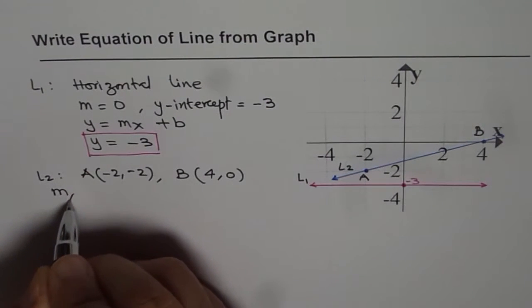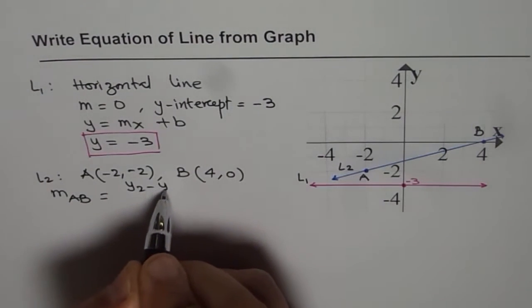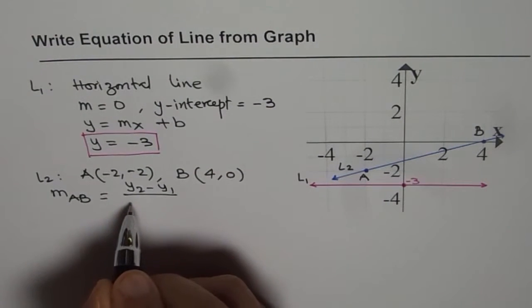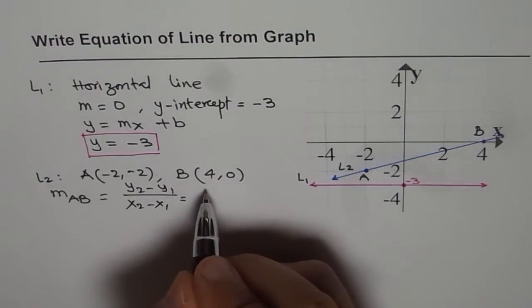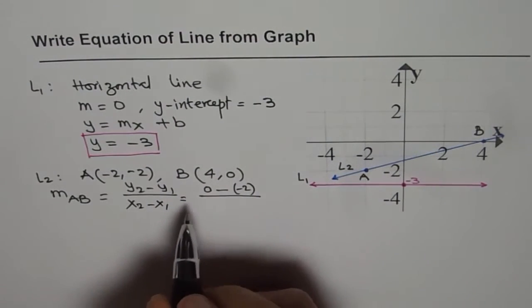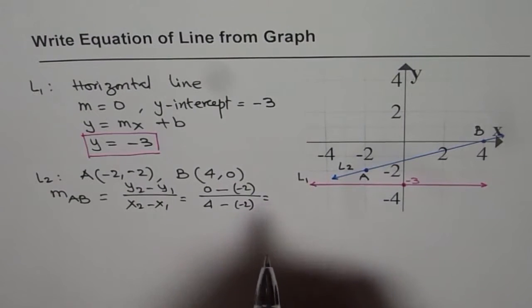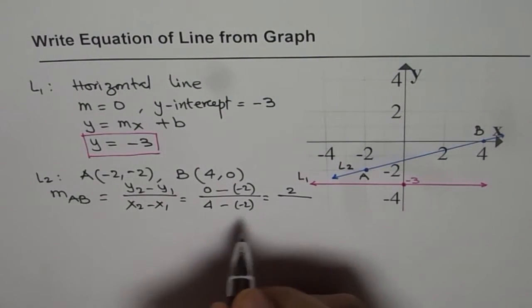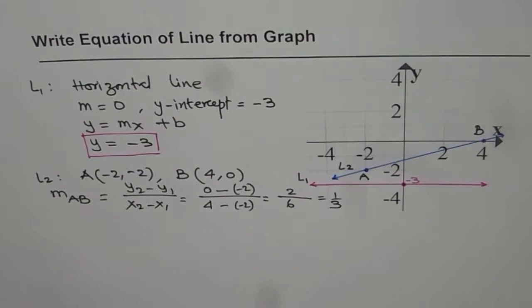So we get the slope between A and B is rise over run, that is y2 minus y1 divided by x2 minus x1. Now y2 is 0, so 0 minus minus 2 divided by x2, which is 4 minus minus 2. That gives you 2 over 6 or 1 over 3. So that is the slope.